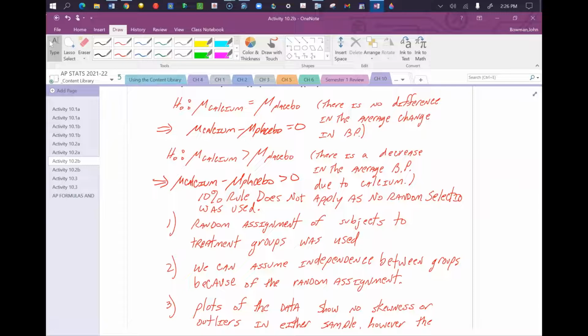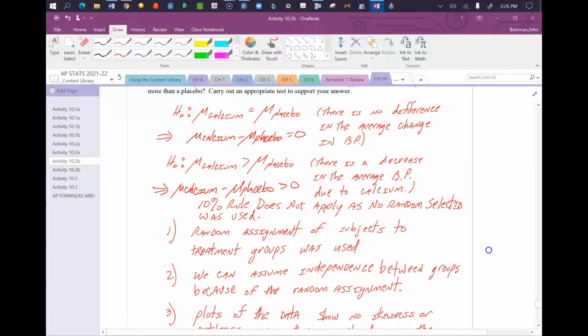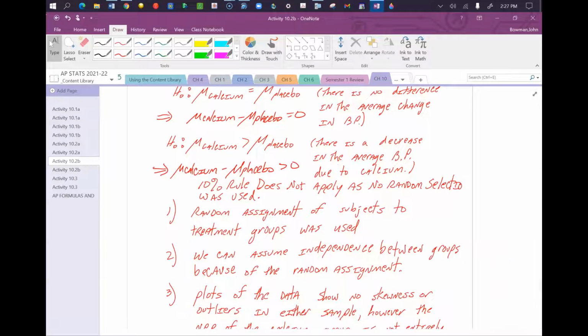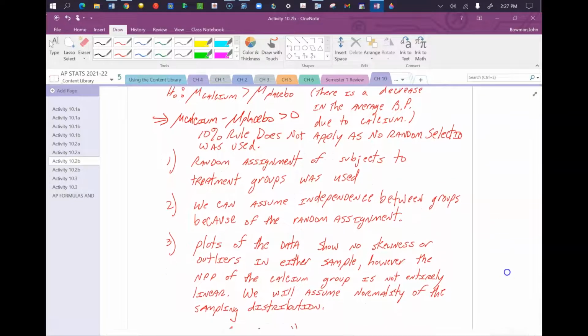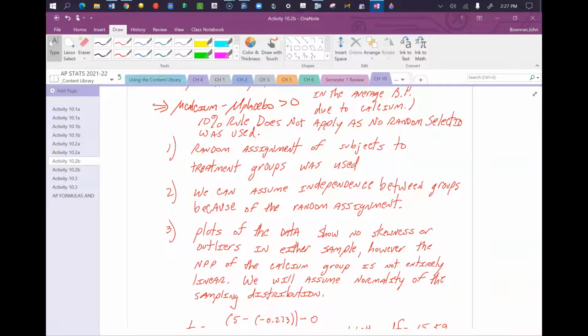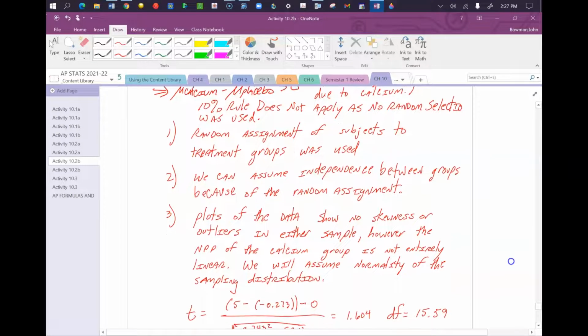The 10% rule here does not apply because there was no random selection from the population. These were volunteers. Remember, the 10% rule assumes that you're sampling without replacement, but we're not in this case. So we can't invoke that for the independence. However, we can deal with that in another way.